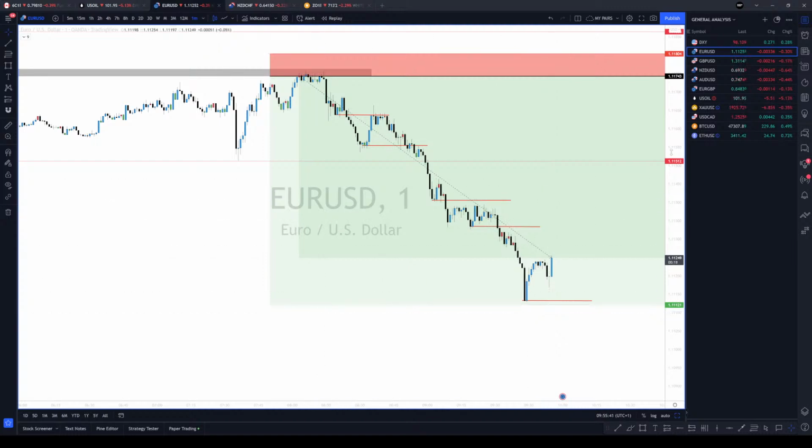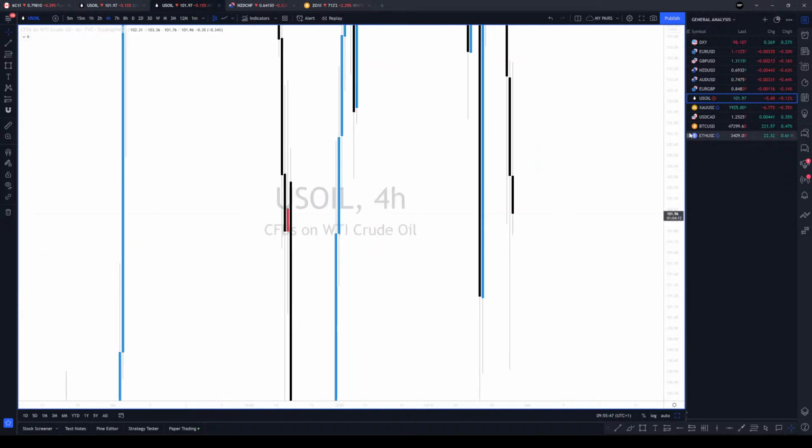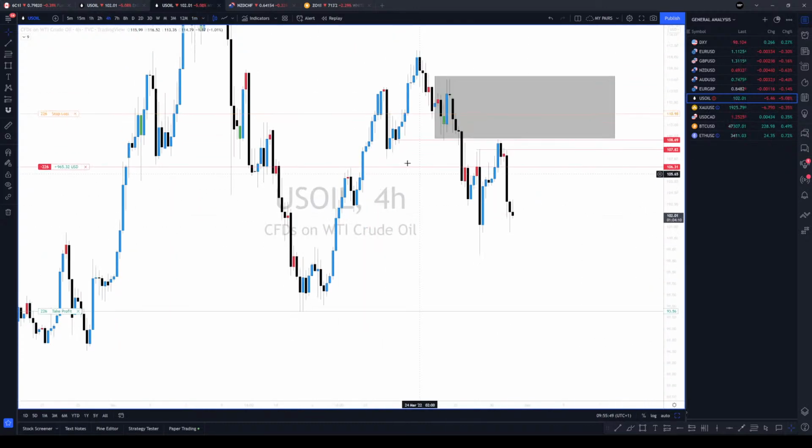Okay, so that's the logic behind why I felt like this was gonna reject and go lower, right? Break, retest, and then move down. All right, you can use it in the buy scenario as well.